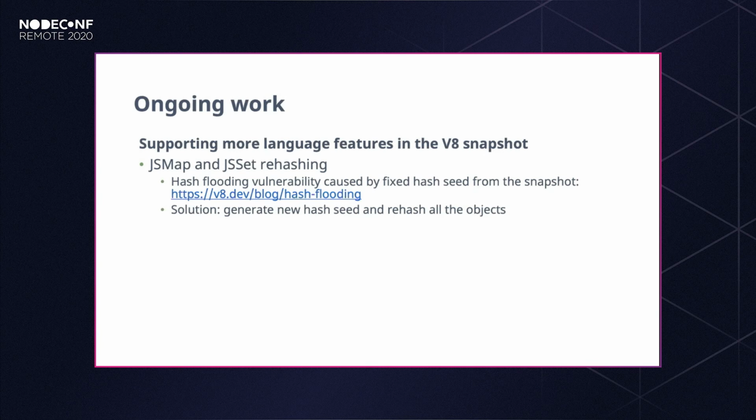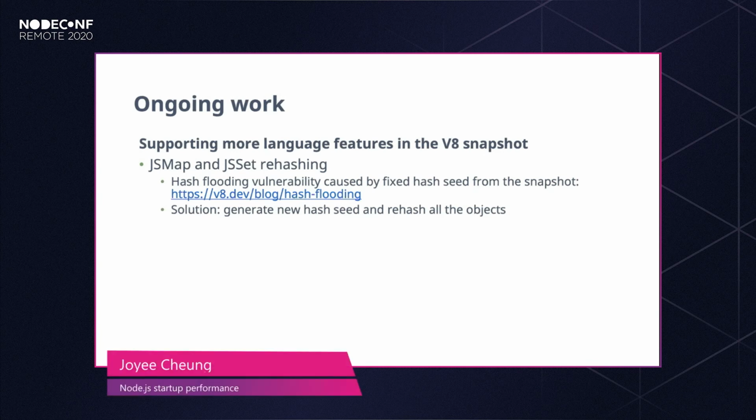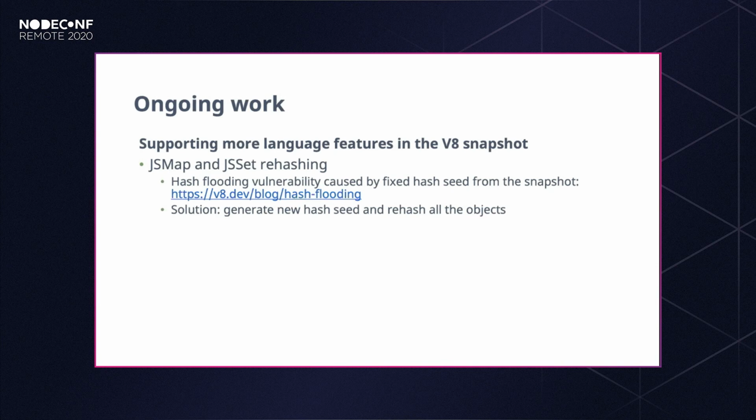And this introduced a vulnerability that attackers can use to perform a denial of service attack. You can read more about this in the V8 blog post linked here. The solution to this was to generate a new hash seed and rehash all the JavaScript objects deserialized from the snapshot. And this was shipped in Node 8.